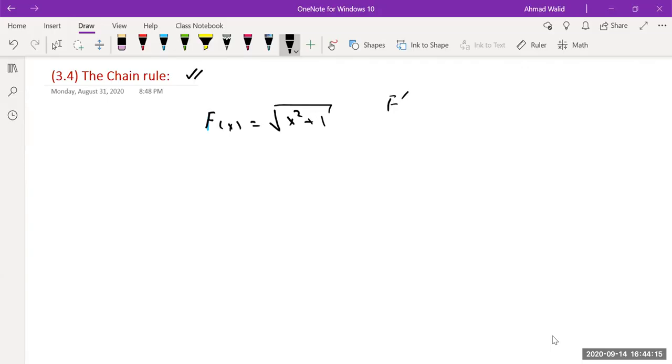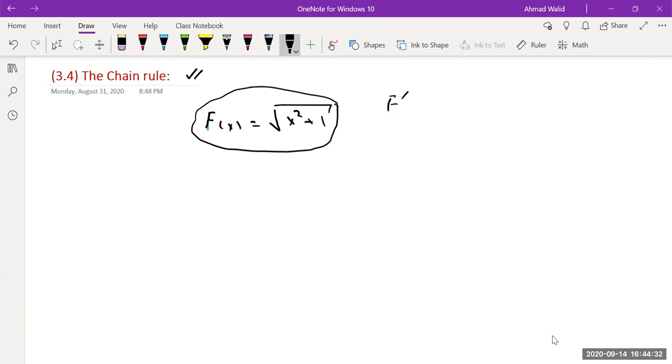If I focus on this function, later I'll do another example. I'll show everything in the example for you, but let me explain it here. I told you that this is actually a composite function.